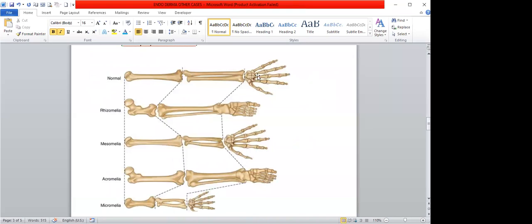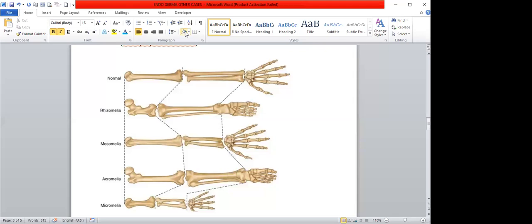This first picture is a normal hand. The humerus and radioulnar lengths are mostly equally distributed, near about. But if there is rhizomelic shortening, which is mostly present in achondroplasia, look at the humerus, that is very, very short.